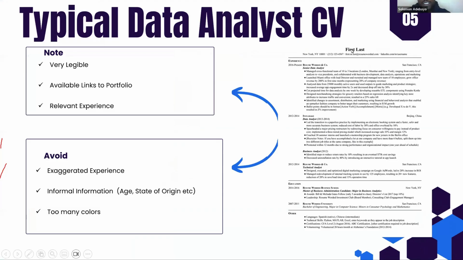So, we look at all forms of different formats with respect to how your CV should be presented as a data analyst, right? You find that some of them have very interesting fonts, some of them have different colors, some of them you see like a picture somewhere.